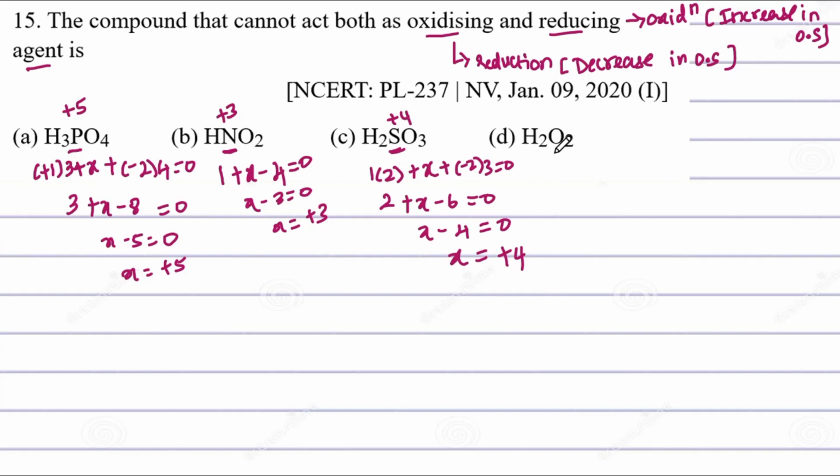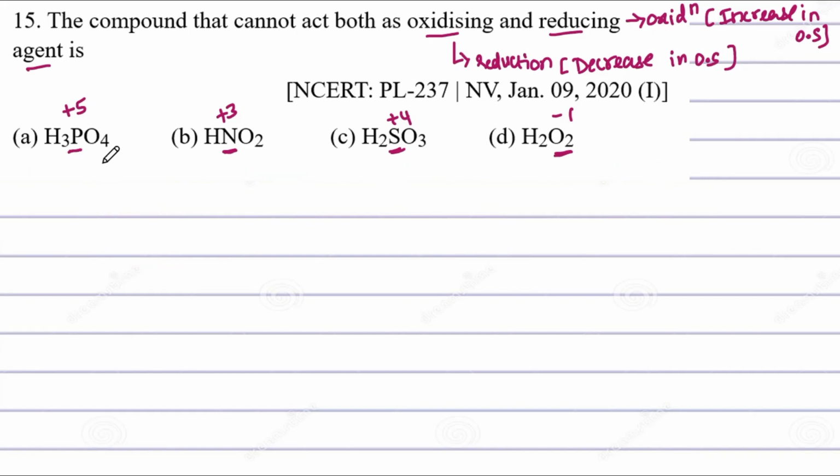Then in hydrogen peroxide, what is the oxidation state of oxygen? For hydrogen it is 1 into 2 plus 2X, everything equal to 0. So 2 plus 2X equal to 0, 2X equal to minus 2. So X is equal to minus 1. So the oxidation state of oxygen is minus 1. Now let us see the oxidation state of the individual elements.